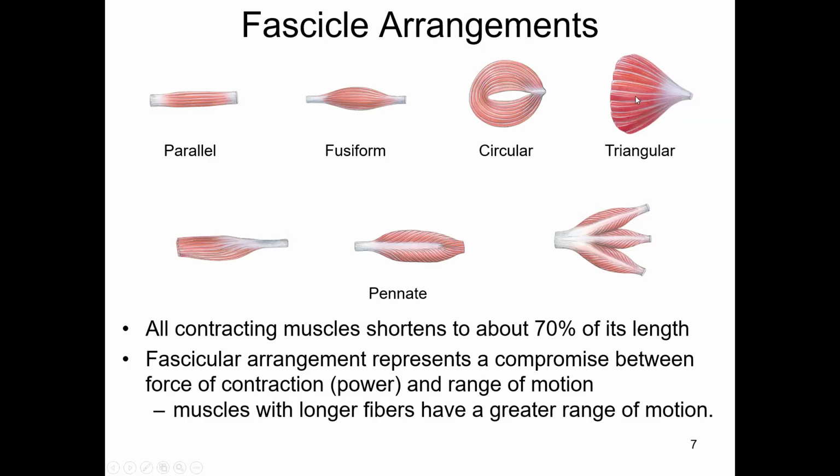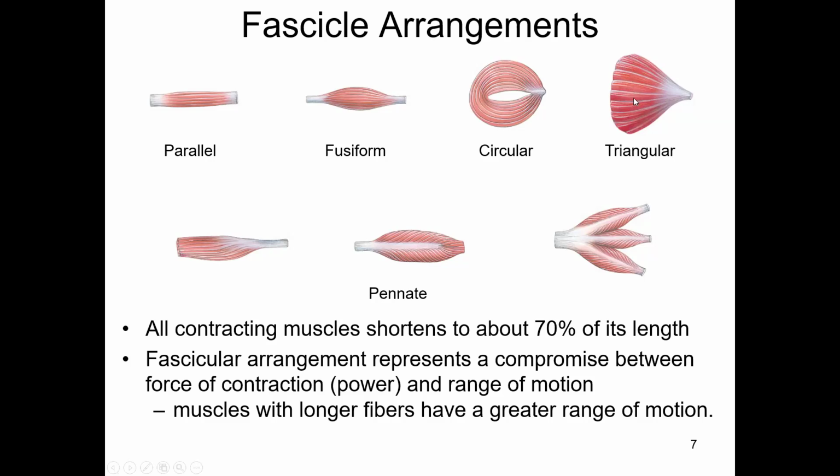Take a look at the triangular arrangement, and this is the last one we're going to mention here. We pack a huge number of muscle cells into this muscle, yet all that force will be directed to this tendon towards the insertion. Our pectoralis major muscle is a typical example of that, a large area of origin.